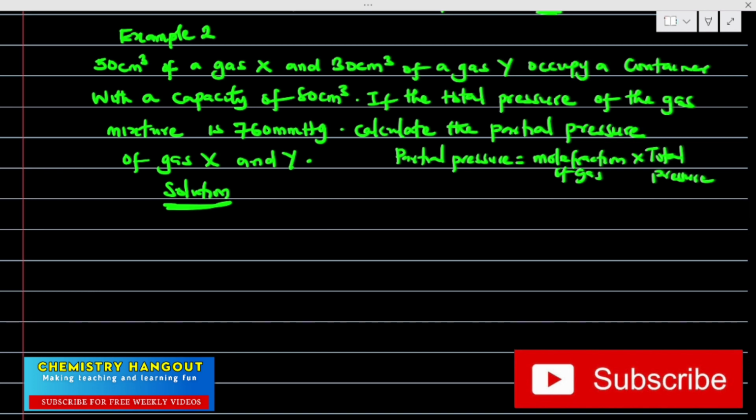Because here they are giving us, if you look at the question, volume, 50 centimeters, instead of giving us mass like we did in the first one. Here they are giving us volume, so we are still treating it the same way. So let's look for the total volume of the container, which will now be representing the total mole ratio.